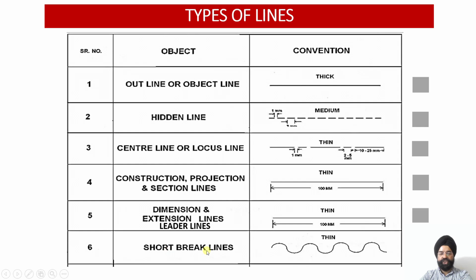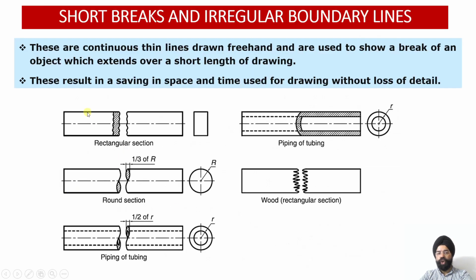Then the next line is the short break line. You can see the short break line is basically a zigzag line which is drawn freehand. And this is required for those objects which are having a reasonably long length. I'll give you a small example of a tube light. Nowadays we have a tube light which is 4 feet long and the diameter of the tube light is only 20 mm.